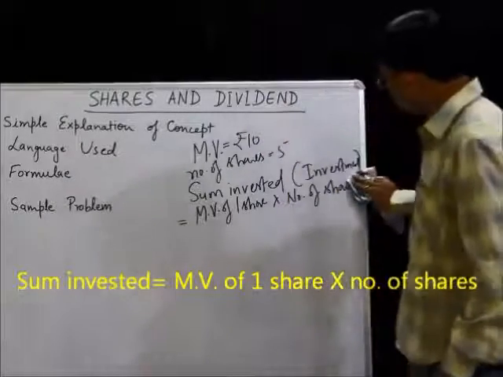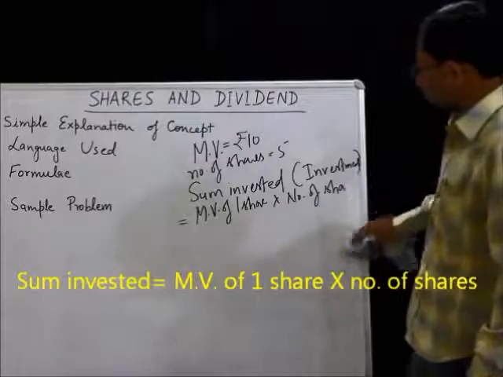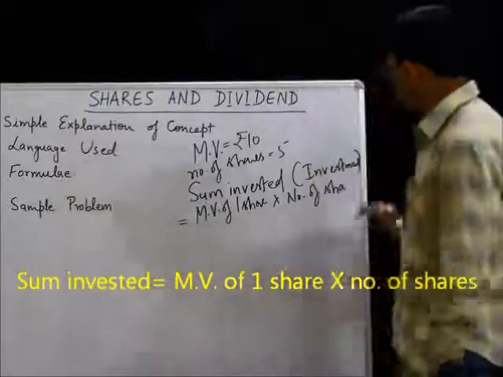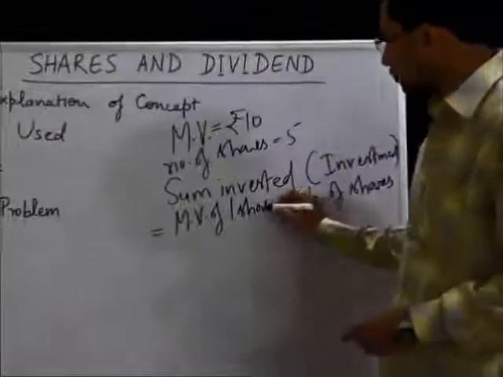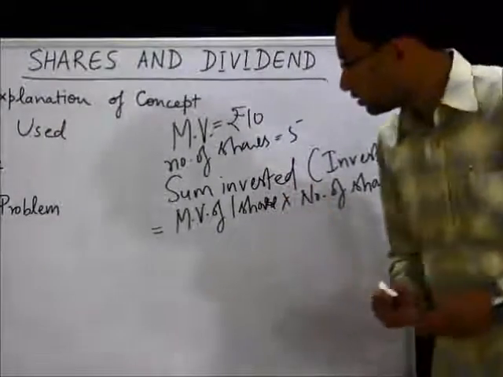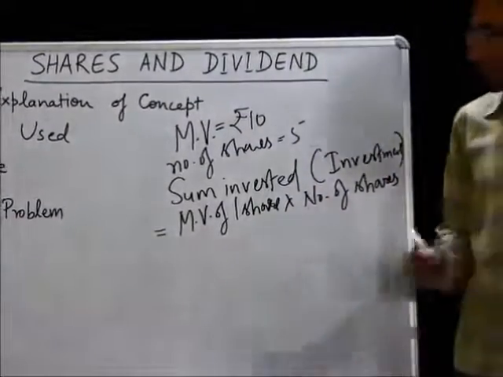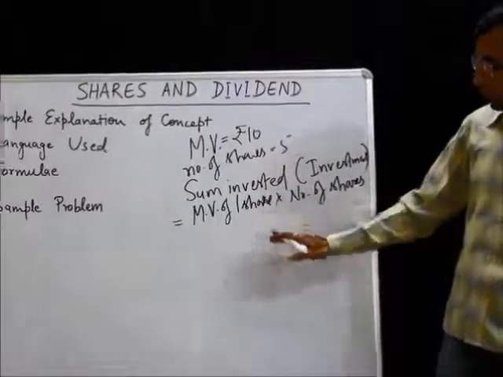So this is the first formula, market value of one share multiplied by the number of shares. Now same way we can have this formula in another form also.